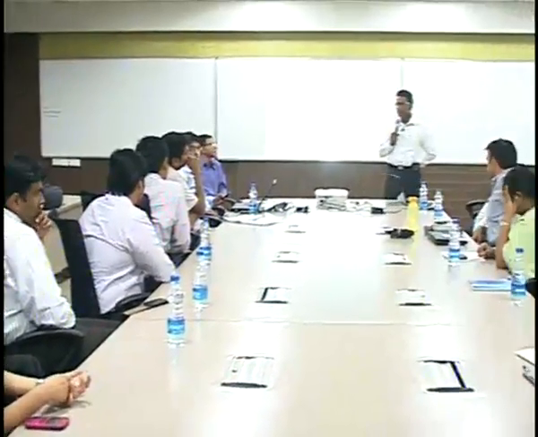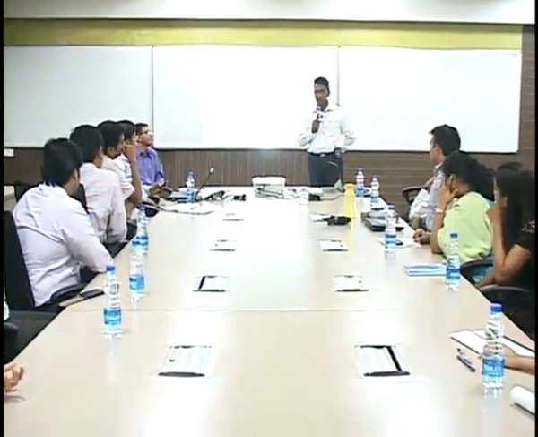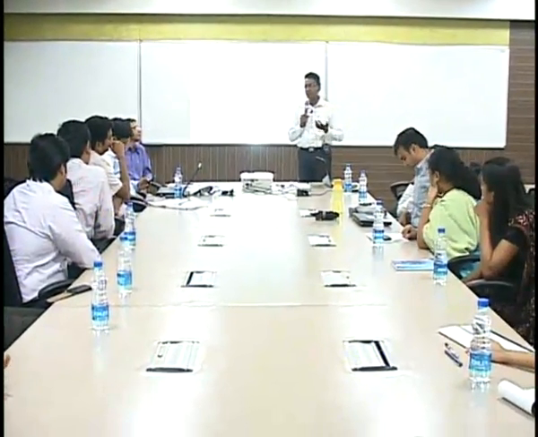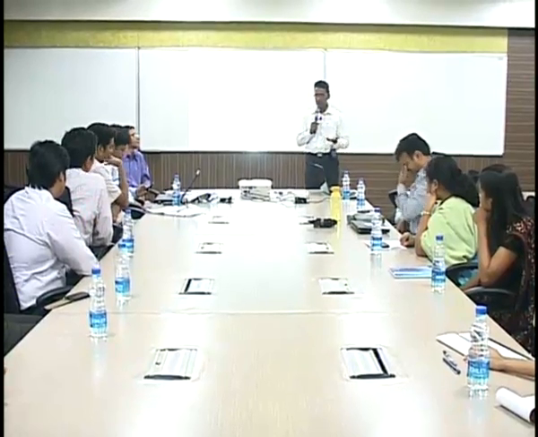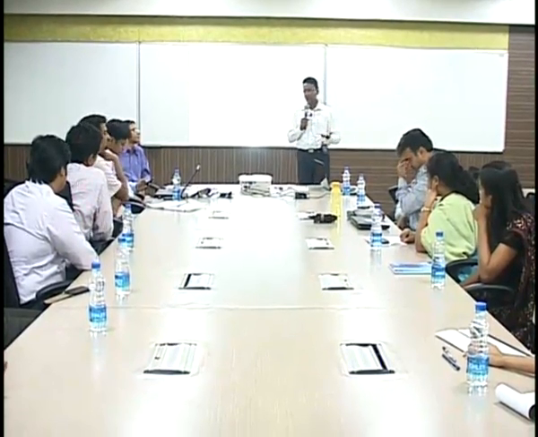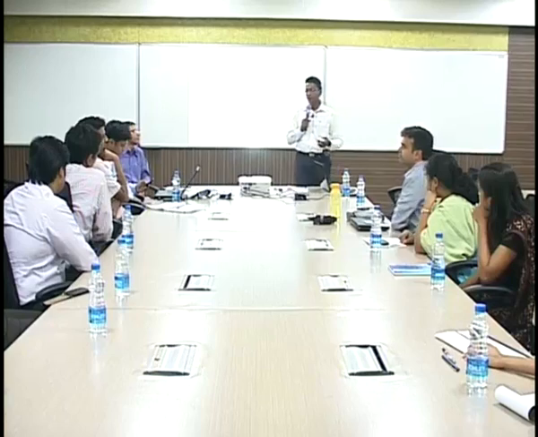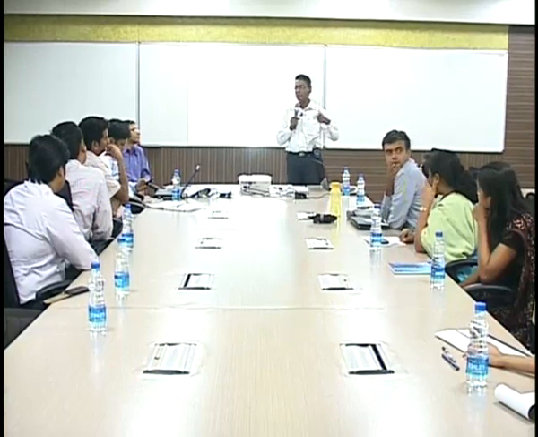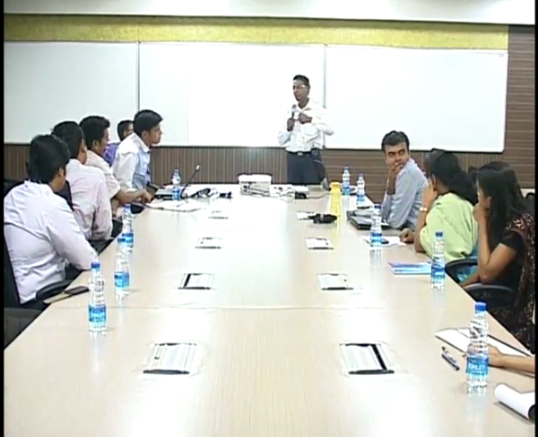Actually, these assets will be owned by the 3PL, and normally any trolley has a 3 to 5 year life cycle. Within that life cycle, how many times you can rotate depends on your transit time, but normally it has a 3 to 5 year lifetime.